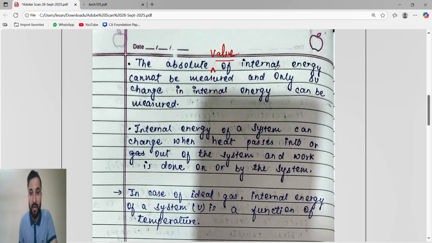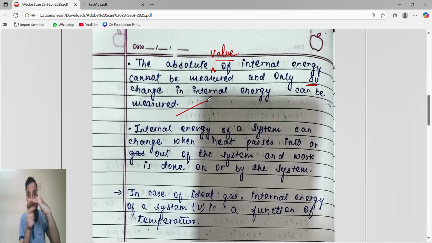The absolute value of internal energy cannot be measured, and only delta U, means change in energy, can be measured. Very important point guys. Absolute value of internal energy cannot be measured. We can only measure the change in internal energy. Why?